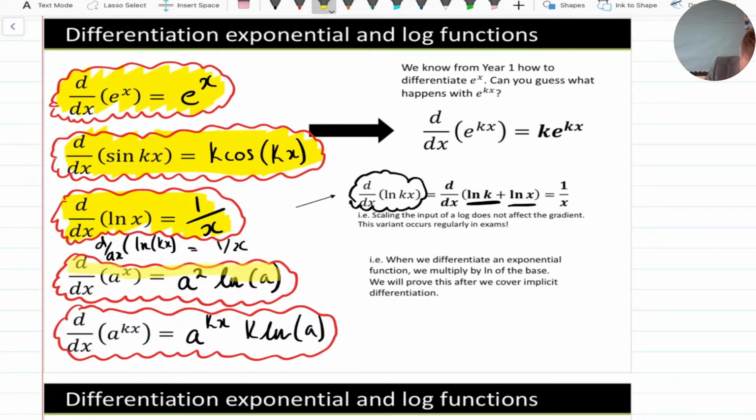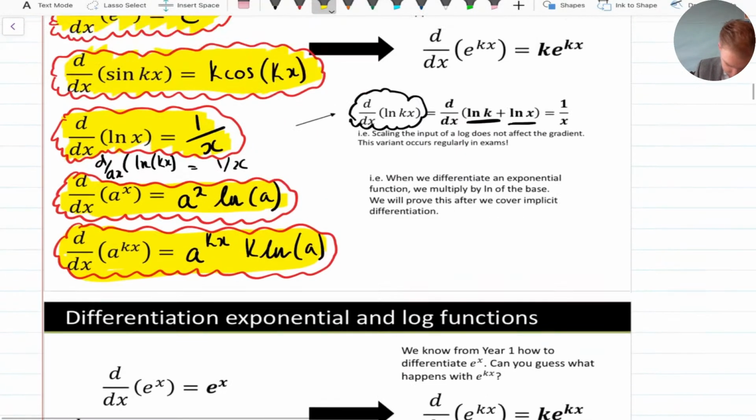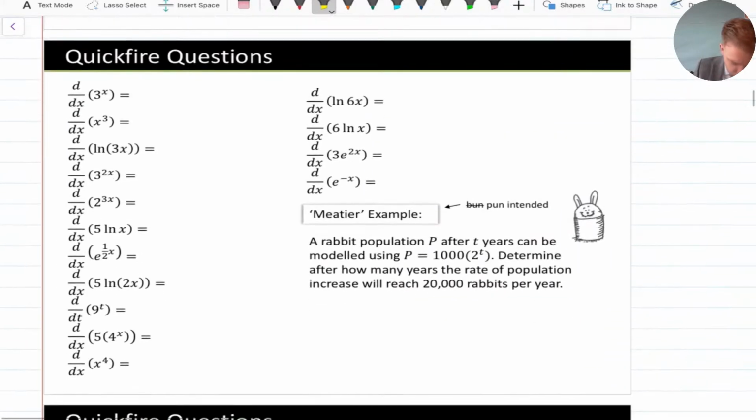Okay, super. So there they all are. So let's start having a go at some of these.